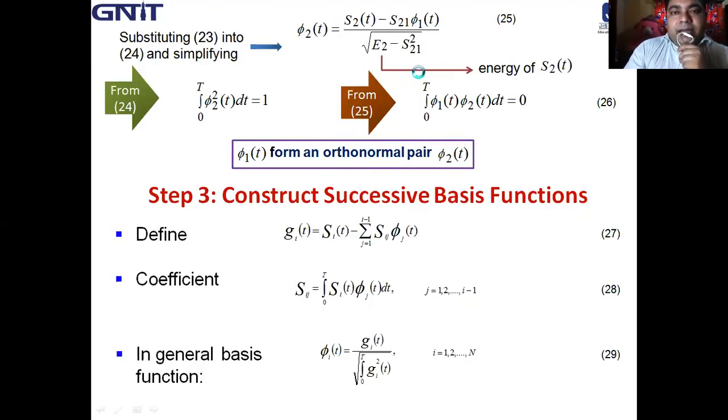So E2 minus s21 squared. So already we say that the integral of phi 2 squared dt is 1.